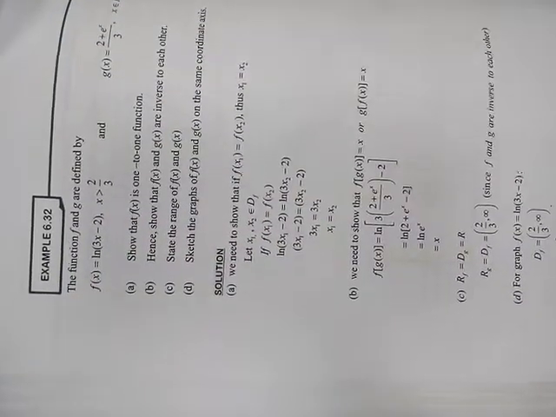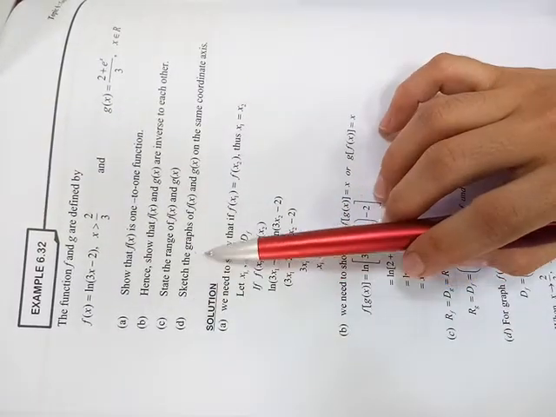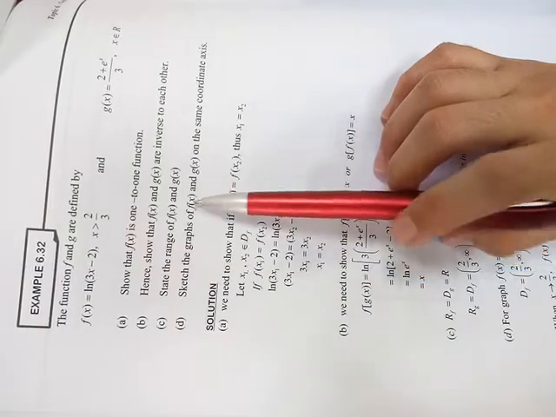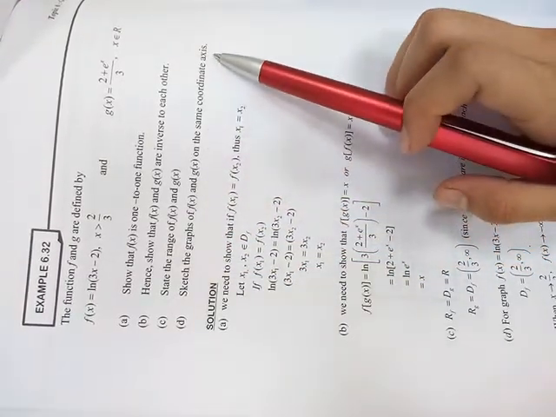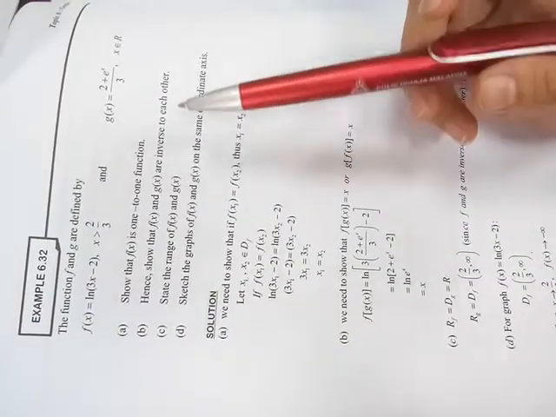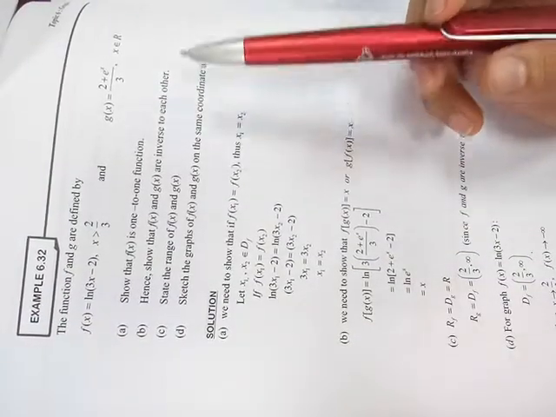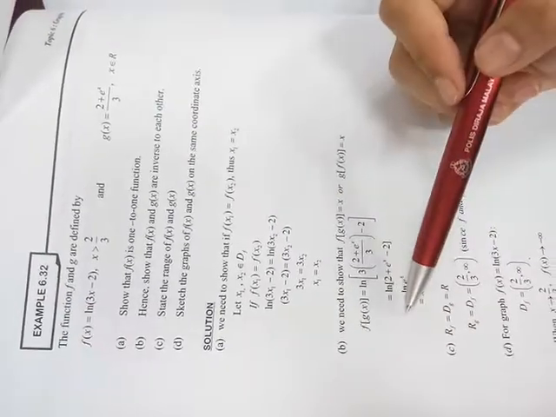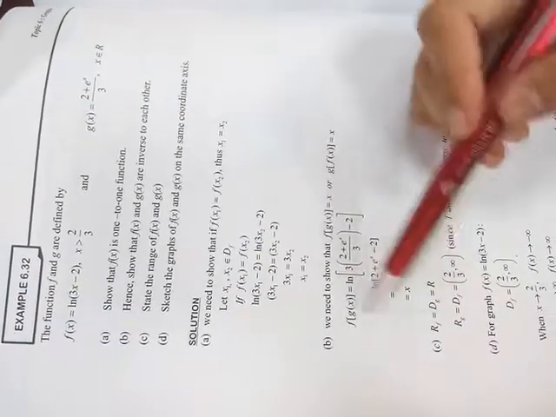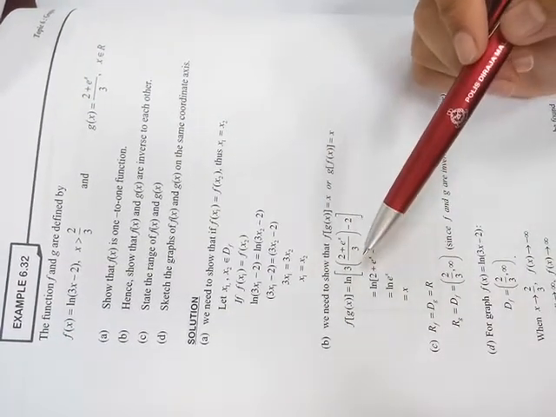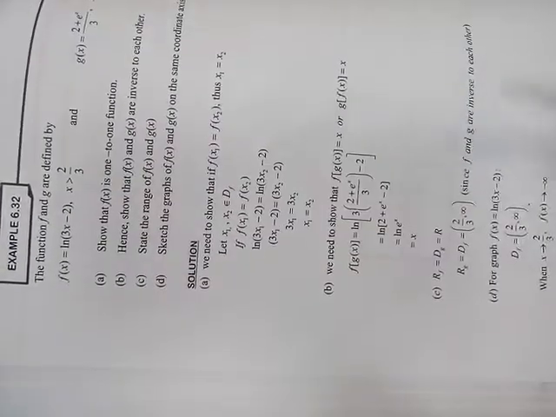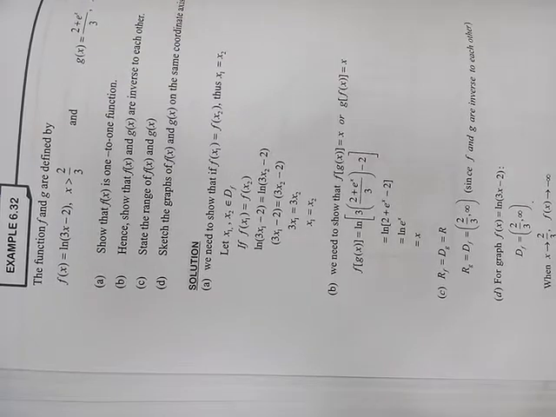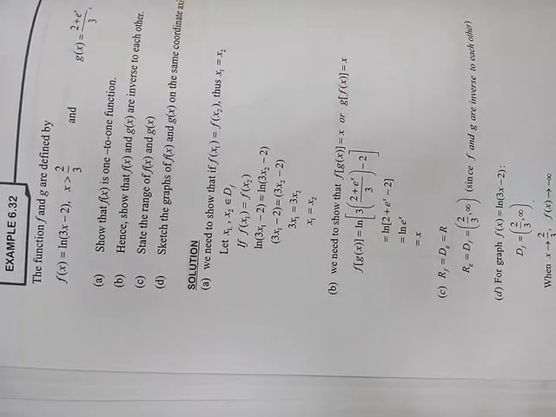Then for sketching the graph, we have done the range, right? Sketch the graph of f(x) and g(x) on the same coordinate axis. Basically, we can see that they are inverse to each other because we have answered the second part. When they are inverse to each other, you can just sketch the reflection of the other one.